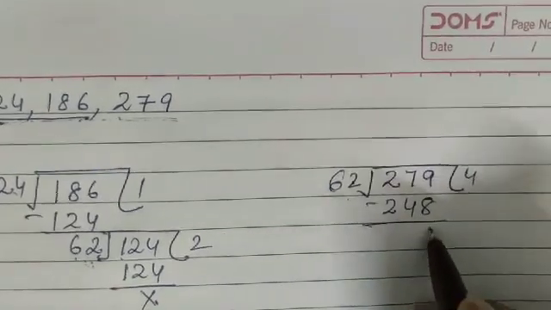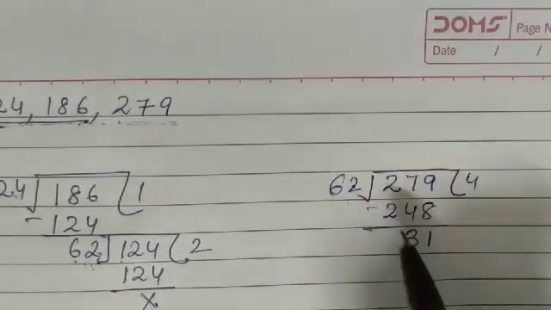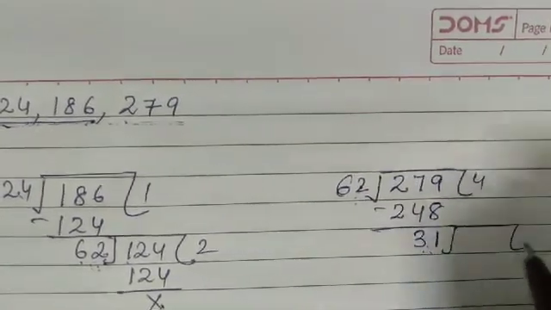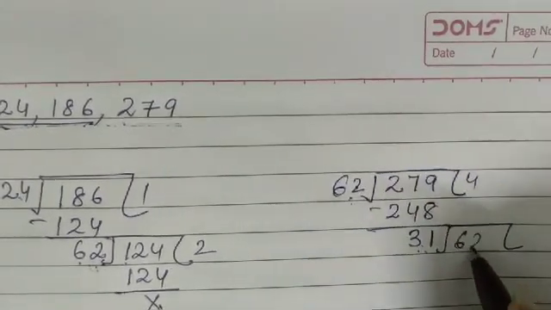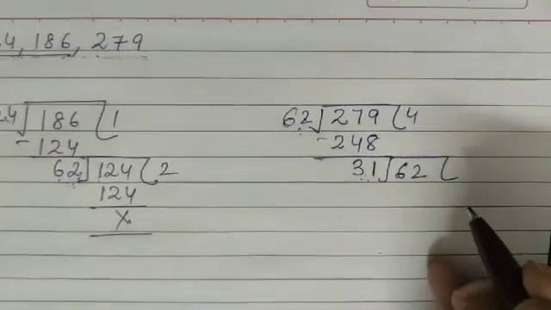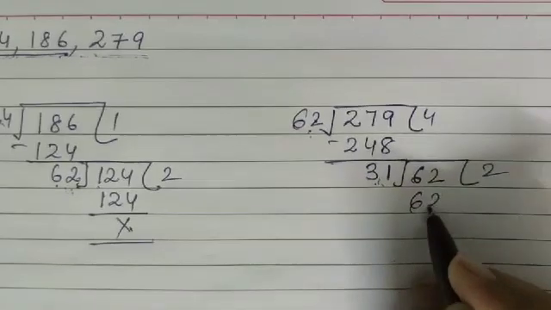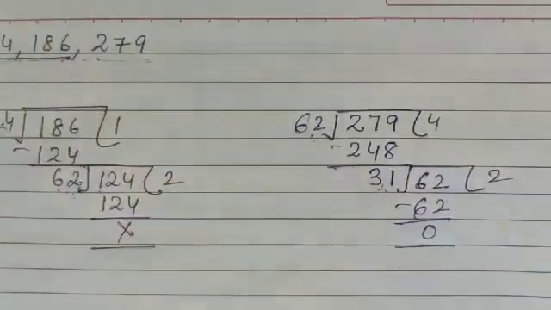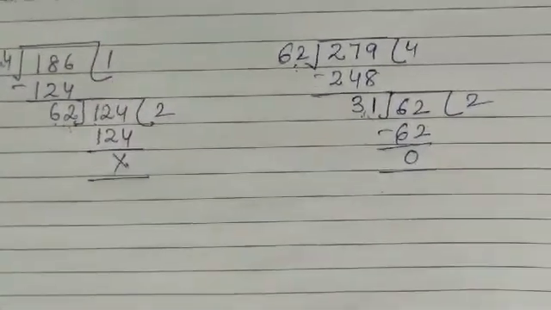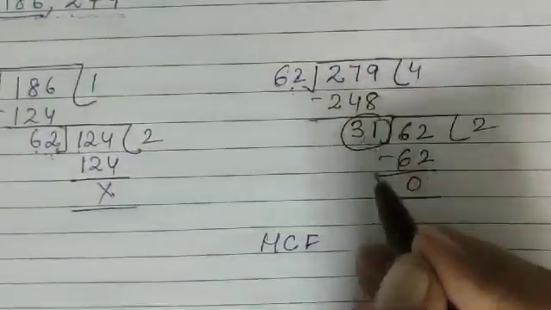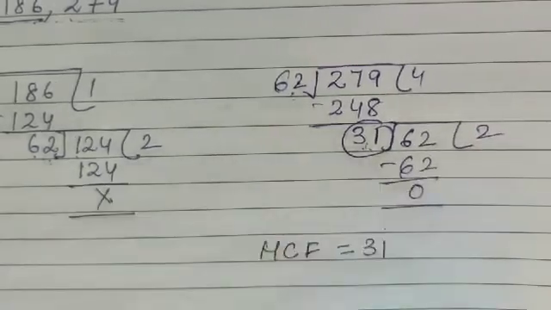When you subtract it, you will get 31. 31 is the remainder, so it will become the divisor and the previous number, 62, will become the dividend. So 31 2s are 62. Now we have got 0. The sum is over now. So which is your HCF? The HCF is the last divisor, that is 31.